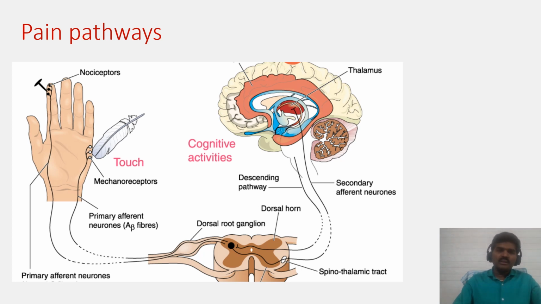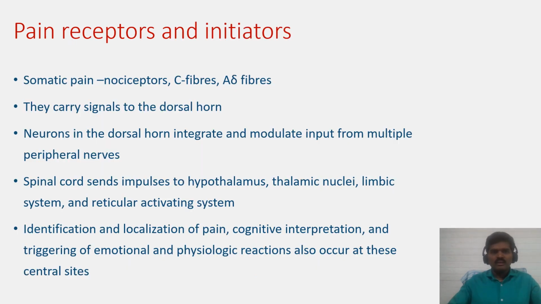The descending pathways, which come back and relay to the dorsal root ganglion, modify the pain signals that are perceived. Pain receptors and initiators. Somatic pain is usually received by nociceptors, which are C fibers and A delta fibers.